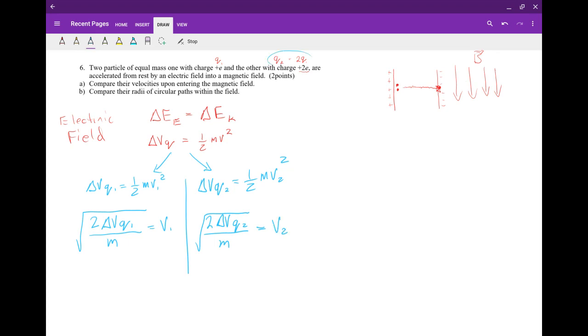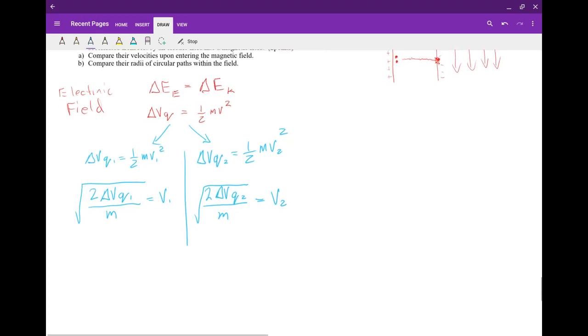But don't forget, we've got this relationship up here that Q2 is 2 times Q1, okay? And so basically, I'm going to get rid of Q2 here and replace it with 2 times Q1. So this is basically going to end up being the square root of 2 delta V times 2 Q1 over M is my velocity of my second particle.